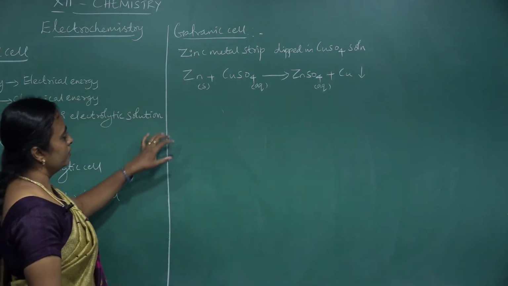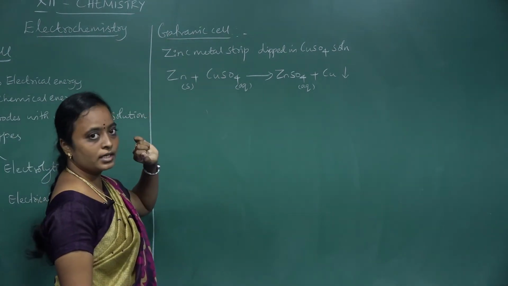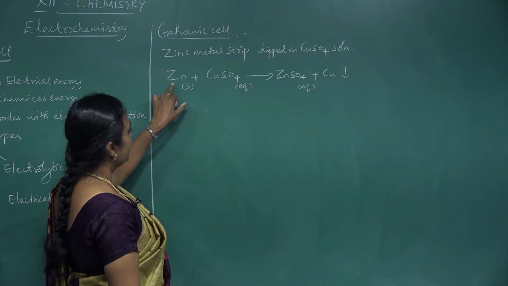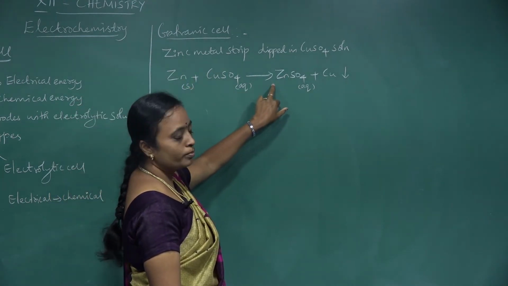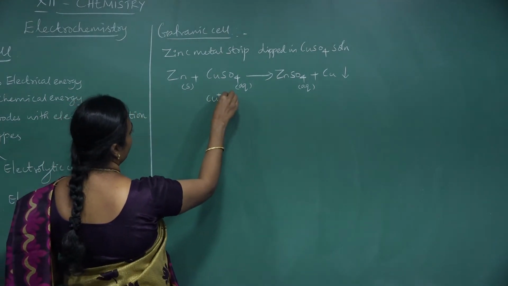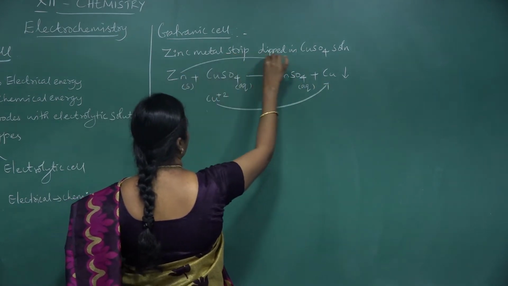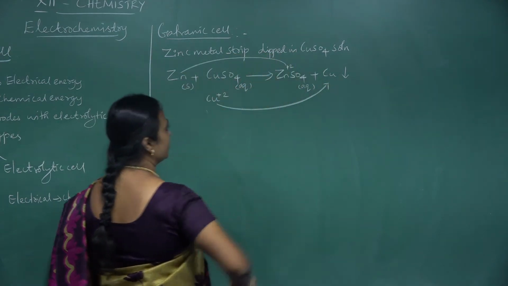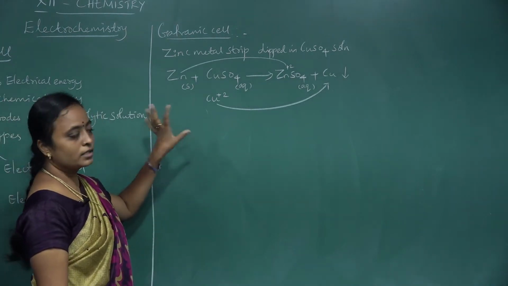This is a redox reaction in which the zinc is getting oxidized into Zn2+, whereas the copper Cu2+ is reduced into copper. This is an example of a redox reaction.